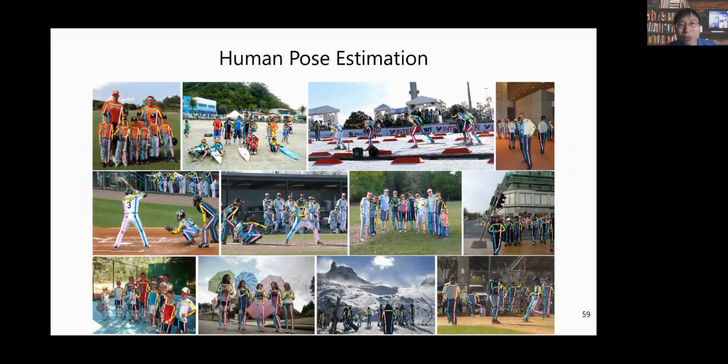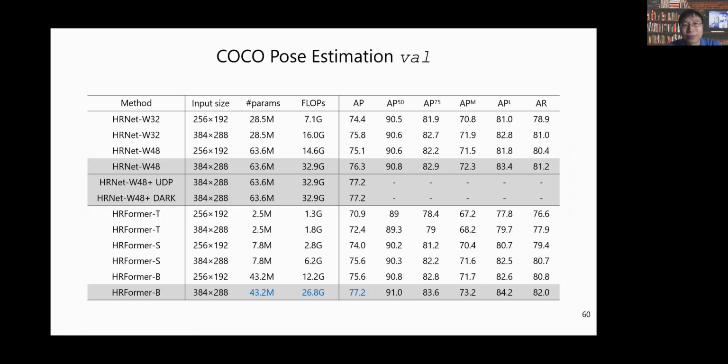So let me introduce the results. First, human pose estimation. Here we describe many results. Let me focus on HRFormer-B, where B means base. We also compare it with HRNet-W48.